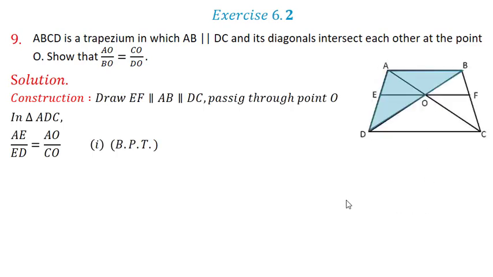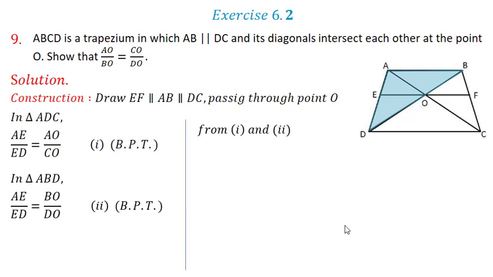In the same way, in triangle ABD, EO is parallel to AB. Therefore, again by basic proportionality theorem, AE upon ED equals BO upon DO. So from 1 and 2, we conclude that AO upon OC equals BO upon DO.